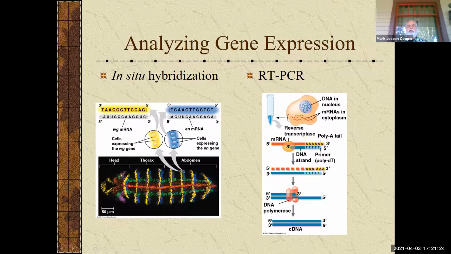All right, and then there are ways of analyzing gene expression. So some of the things they're doing is trying to figure out how things are happening. You have in situ hybridization, and what they're doing is putting markers on different genes and using fluorescence.